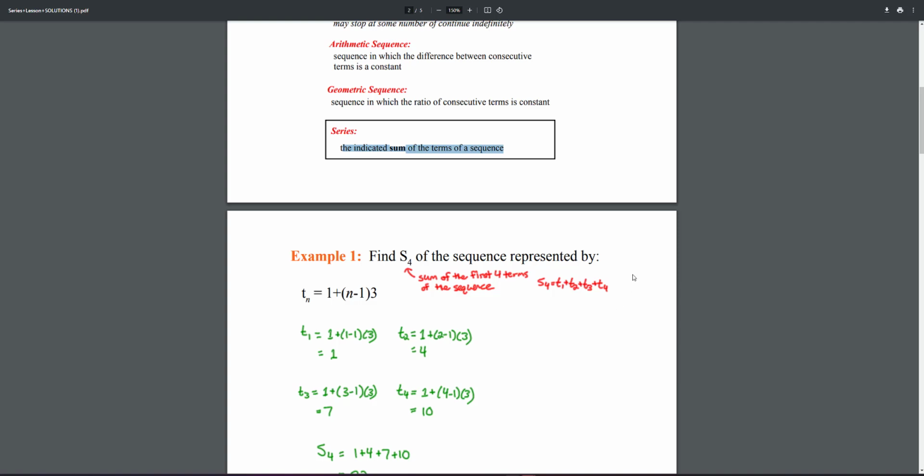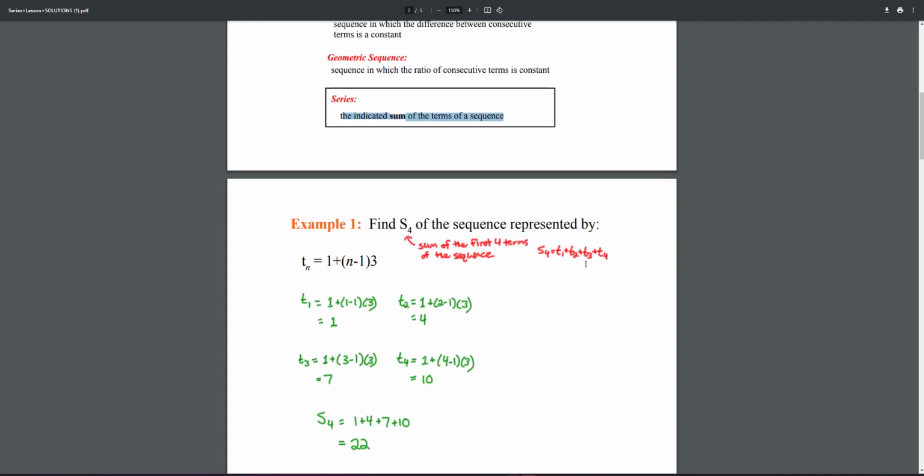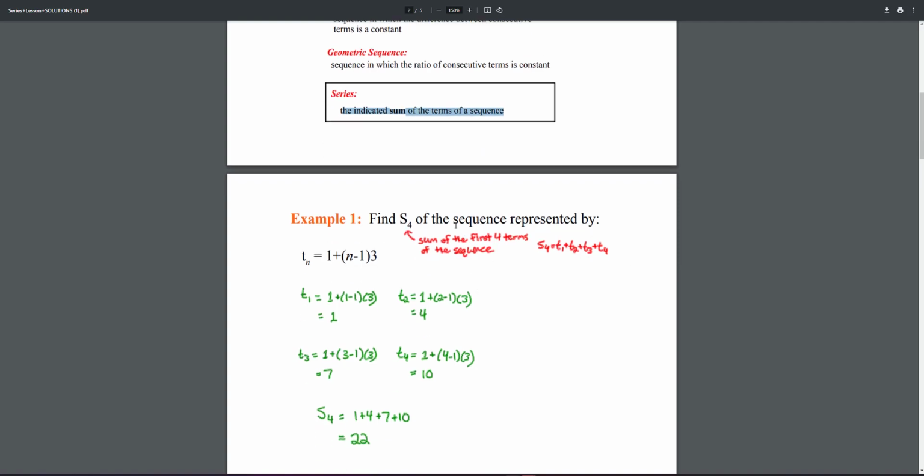But you're like, if I add up every single term in the pattern, wouldn't that just go to infinity? And you're not wrong. Sometimes series will go to infinity. But we're not always adding every single term. Sometimes we are limiting to just like the first 4 terms or first 10 terms or whatever. So it depends on what the question is asking us.